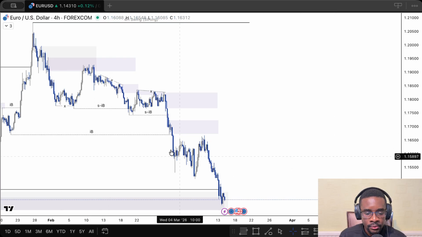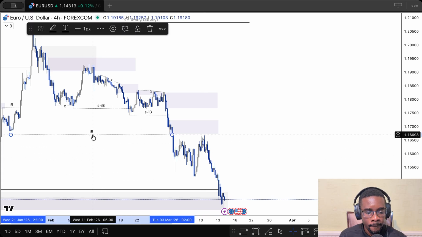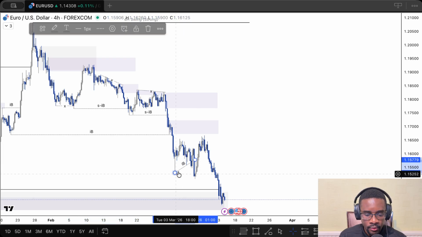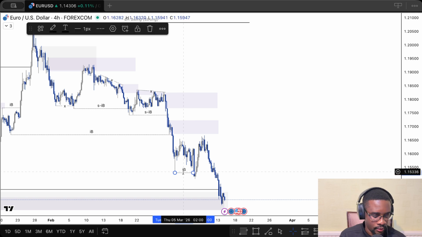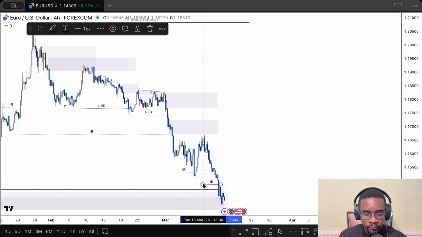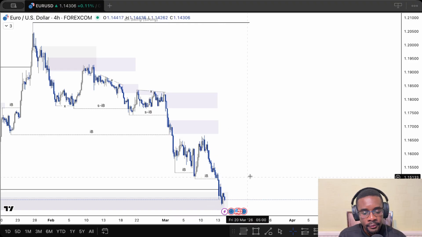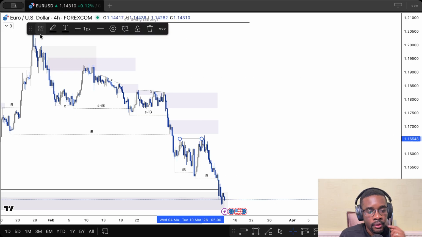So we had our internal break of structure, and then this is another internal break of structure that we've had. So this is what I'm looking at. Okay, and that one we had a sweep right there.